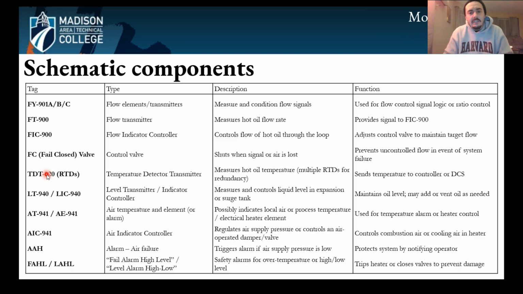If I have an increase in temperature and I run current through it, then I can measure, okay, there's a change in the resistance of that material, and that's associated with the temperature. Again, more than you need to know, but it's kind of something cool. This L right here, LT and LIC, was part of our float switch system. So this is the float switch itself, and then the controller that informs the valve to open or close based on the level of liquid in the tank.